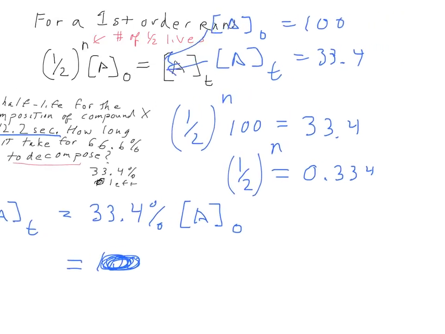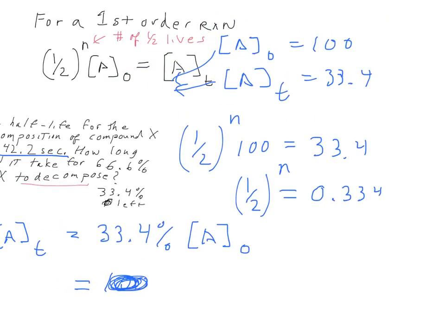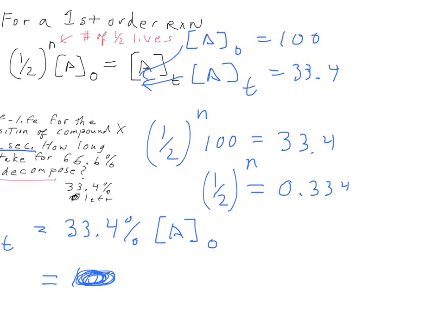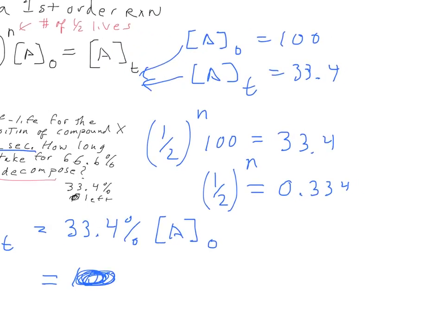Not a problem. It's really quite easy. When you can't get a log, what do you do? You raise. What do you do when you can't get a power? You take the log of both sides. And when you take the log of both sides, that allows you to pull the n out.